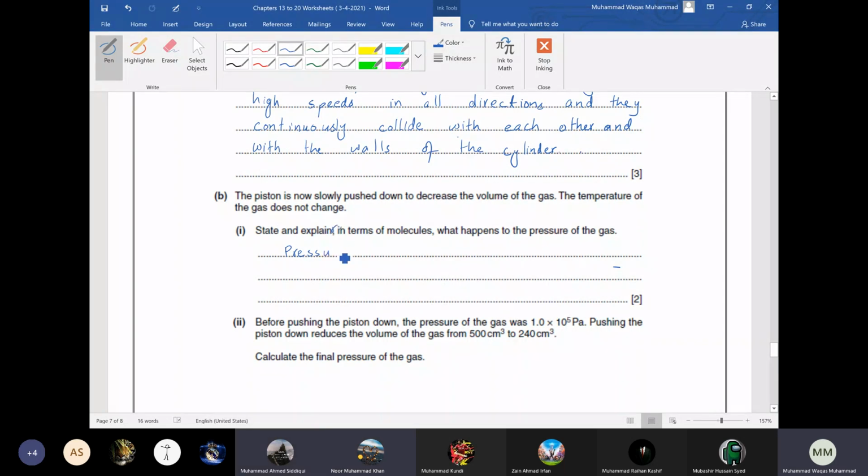Sir, the pressure of the gas increases as they have less area to collide, less space to collide. So, sir, they collide more and the pressure increases. Yes. So beta, see, this is 2 marks. 1 mark is for the statement and 1 mark is for the explanation, right?